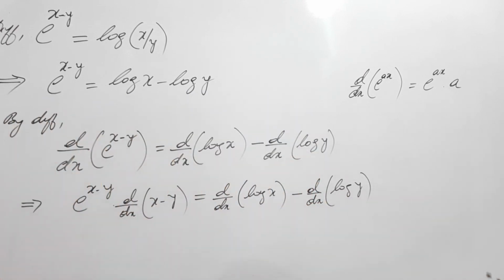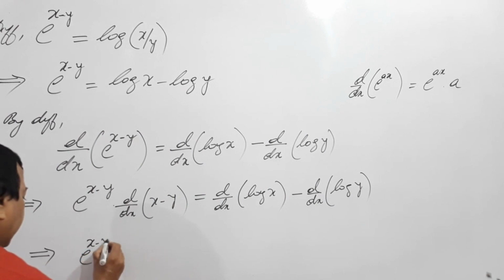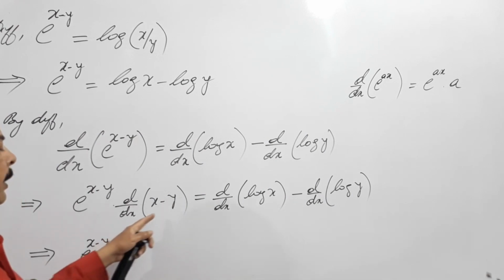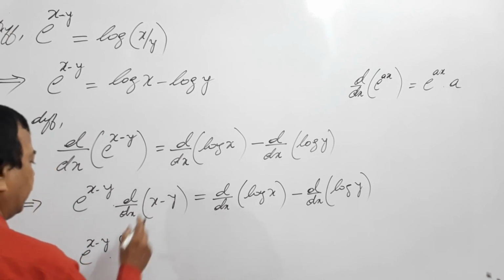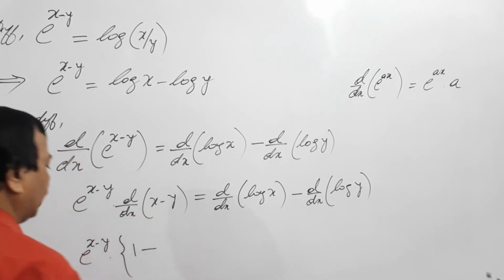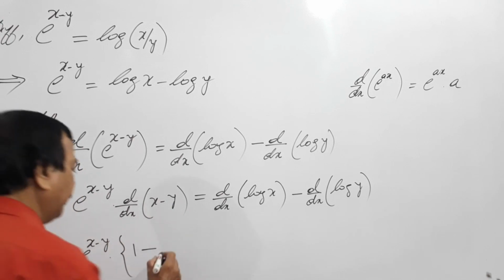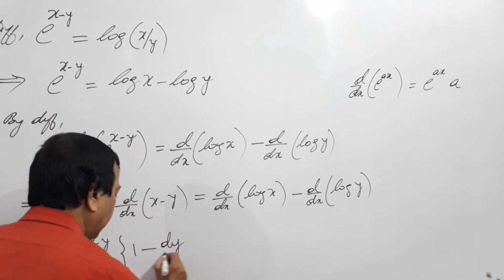Done. So what happens to this? This becomes e to the power of x minus y, and d by dx of x is, I will use a bracket, d by dx of x is 1 and d by dx of y is dy by dx.